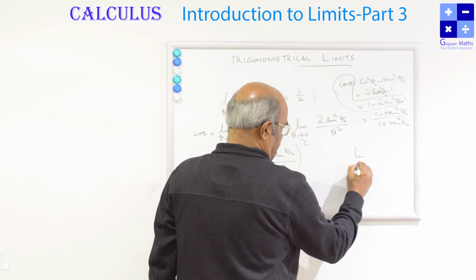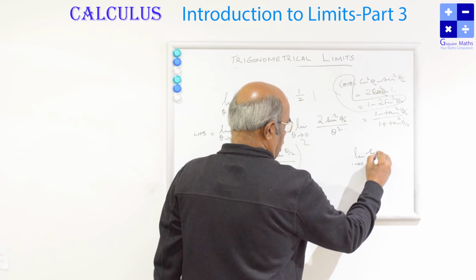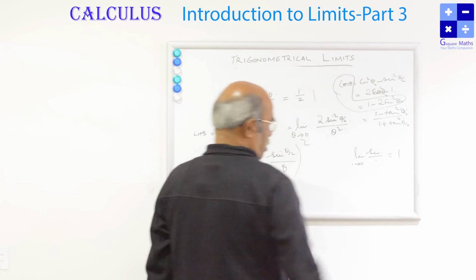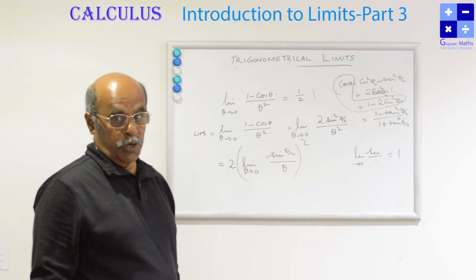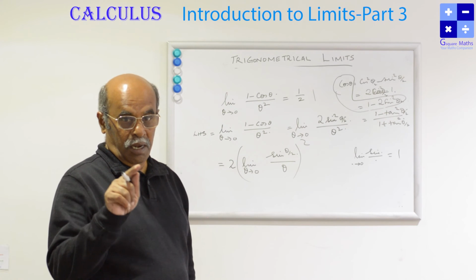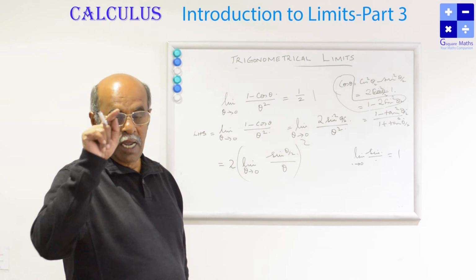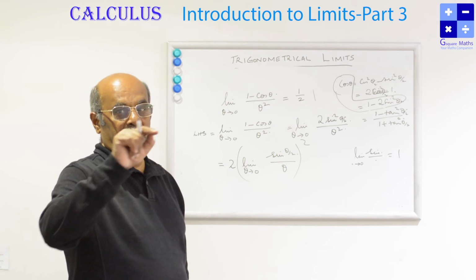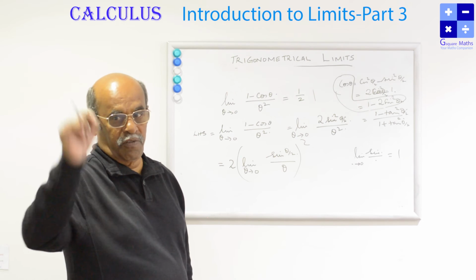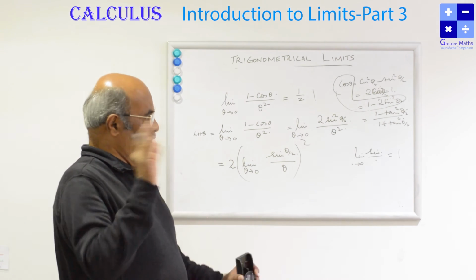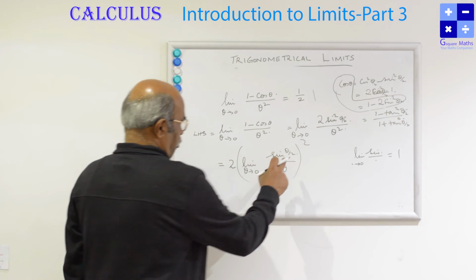Limit dot tends to 0, sin dot by dot is equal to 1. Instead of theta, I am putting dot. In the place of theta, you can substitute any dot or x or t or u or v, any function you put. The value will be 1 only.